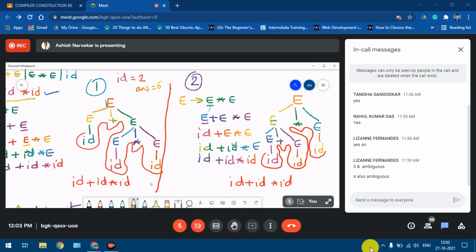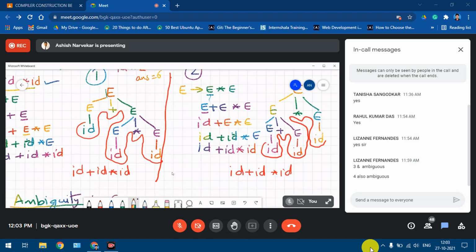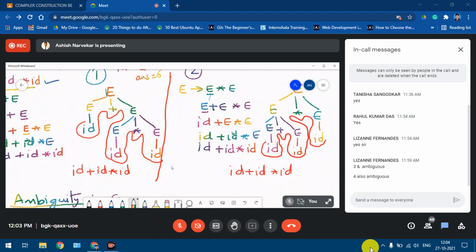If you look at parse tree 1, suppose we take the value of id as 2. When we trace it, when we check the yield of this parse tree, it will try to calculate this. So I'll take the actual value that I have taken as example, 2. 2 plus, it will go here. But when it goes over here, it finds that this is further expanded.